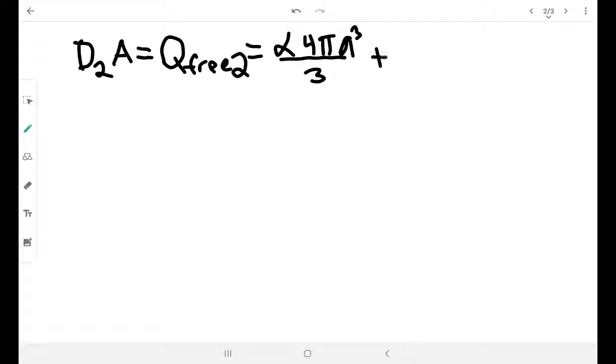And then we're going to find what the Q free is for our second region, and we're going to tack that on to this. And so we're going to do that in the same method that we used for region 1.